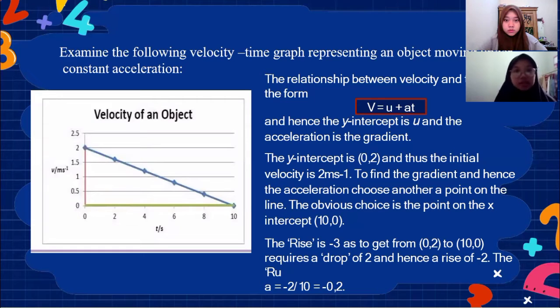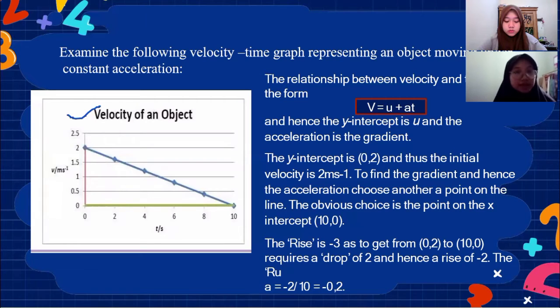So we can see the graph here. This is the velocity of an object, this is time in seconds, and this is velocity. So this is the formula of acceleration.